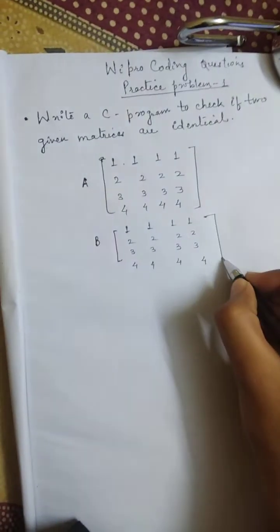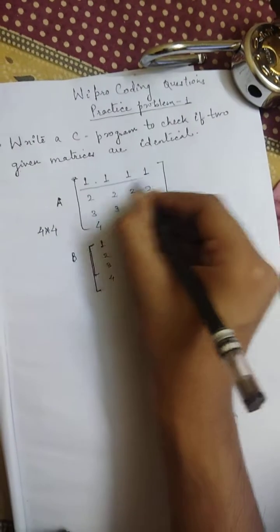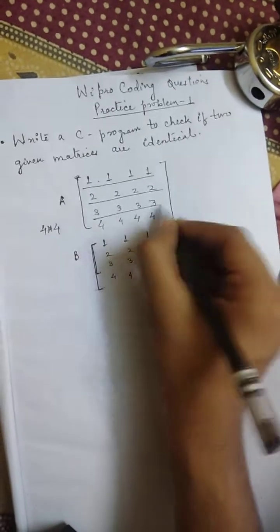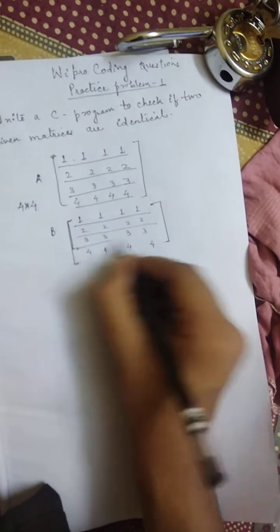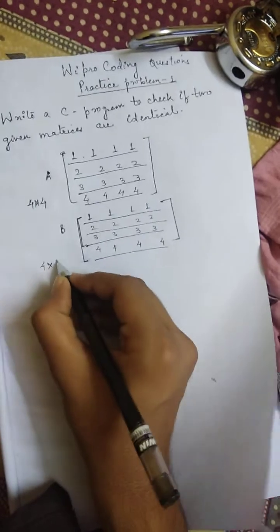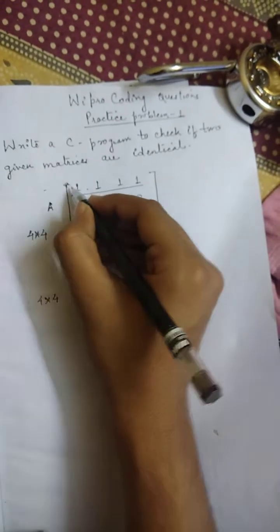First of all, see that this is a 4 cross 4 matrix: the rows are 1, 2, 3 and 4, and the columns are also 1, 2, 3, 4. So this is also a 4 cross 4 matrix.